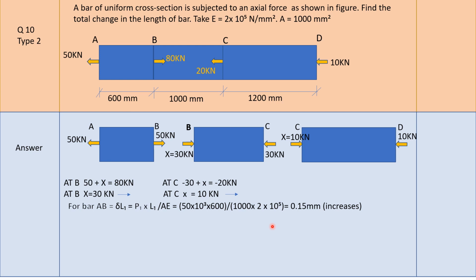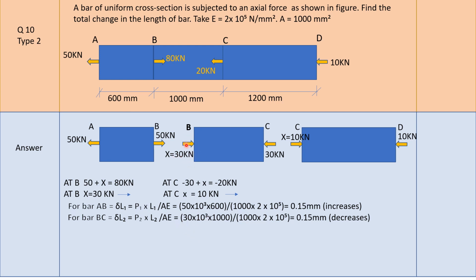Then let us come to bar BC. For the bar BC, delta L2 will be equal to P2 into L2 divided by AE. Now P2 is this force. Now on the BC, the force acting is 30 kilonewton. So 30 into 10 raised to 3.